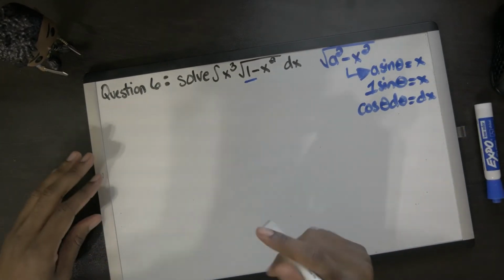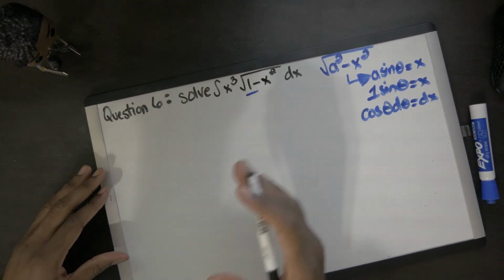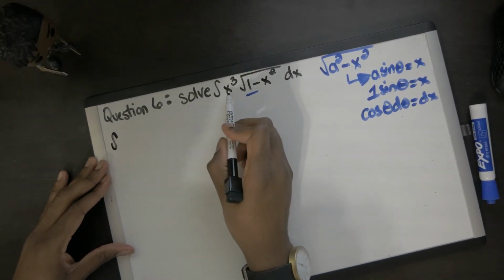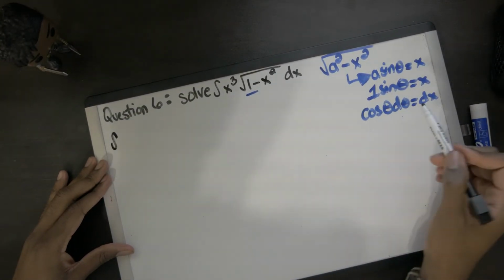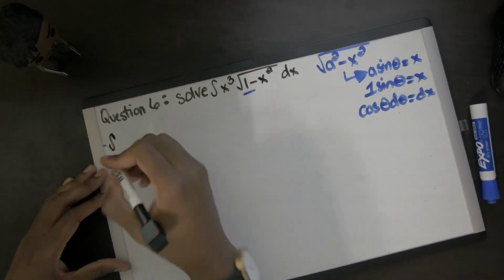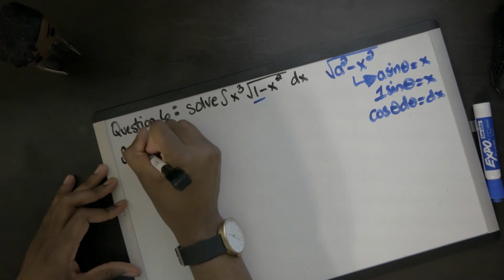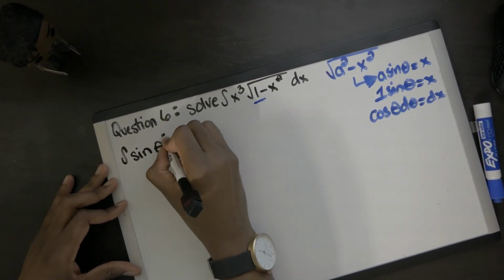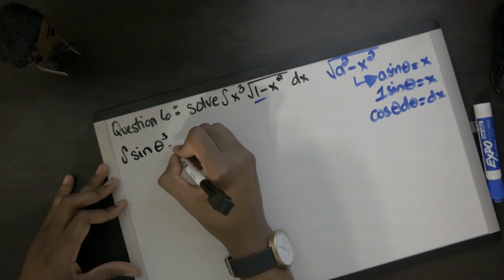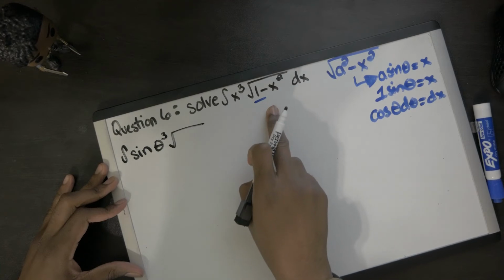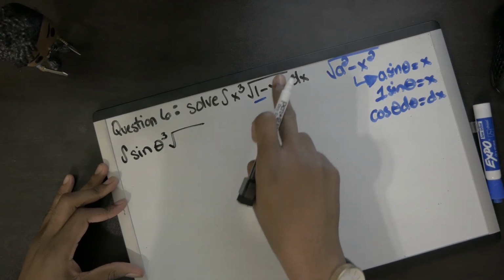Now, bear with me, because I know this looks like mathematics, but hold tight here. So we got the integral of x cubed, which we know our x is 1 sine theta, or we can just now say sine theta. So I'm going to say sine theta, and we know it's cubed. So sine theta cubed, and then we know it's times this here, which we have 1 minus x squared, right?